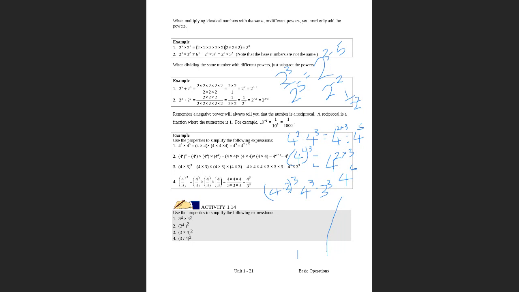When I saw your solutions for activity 1.14, number 3, the answer there doesn't correspond with one of the examples. The answer should be 3 exponent 2 times 4 exponent 2. But then you said it's 12 to the power of 2.